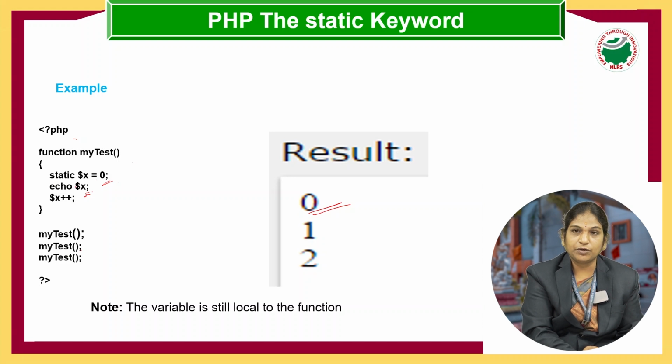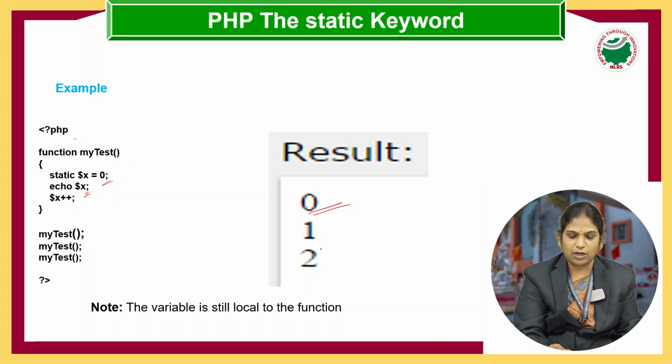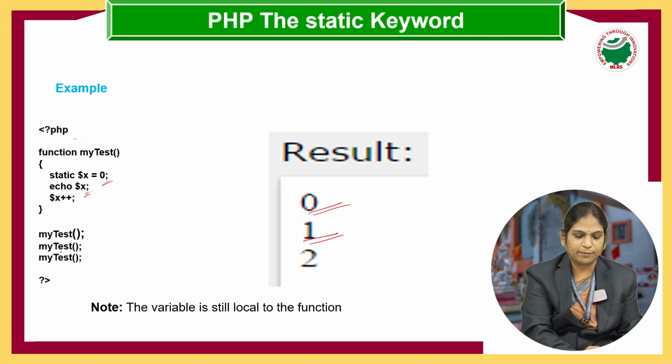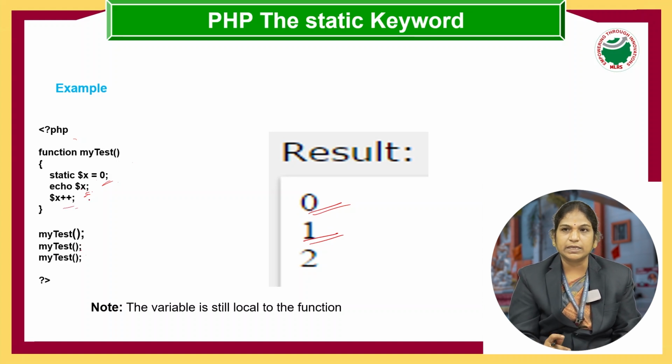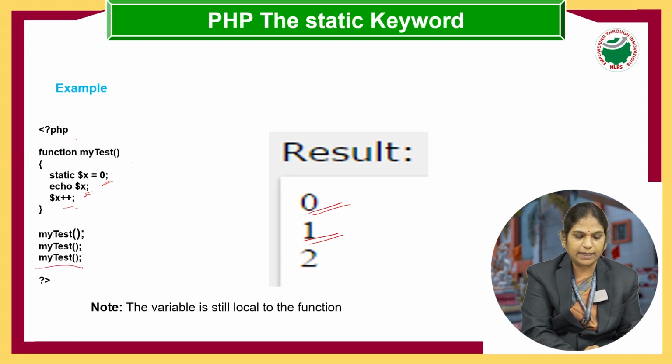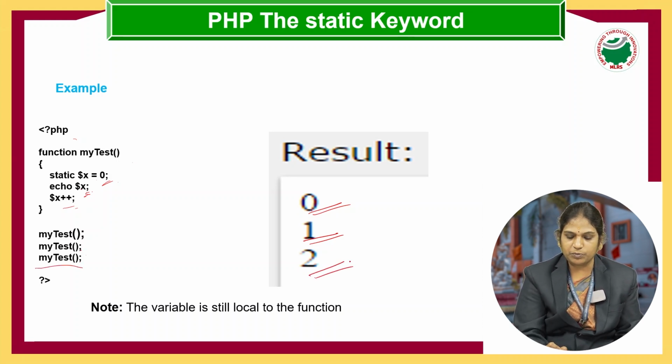It is going to refer to the previous variable value, which is 1. So it is going to print 1 as the output the second time I call myTest. And next x plus plus, now the value has been incremented by 1, from 1 to 2. So the third time when I am calling, it is displaying 2 as the output.